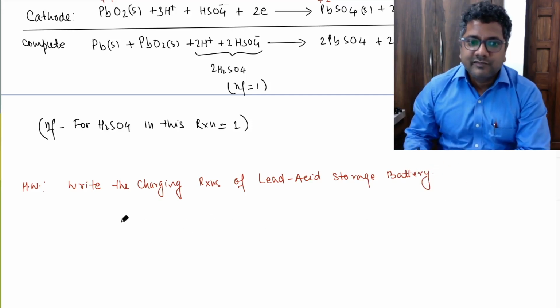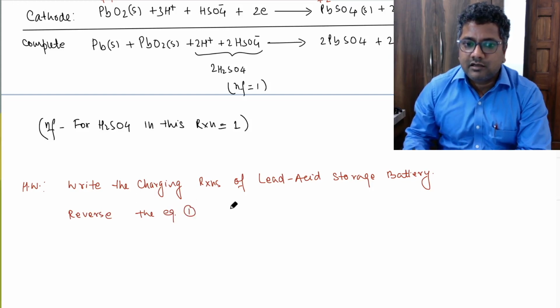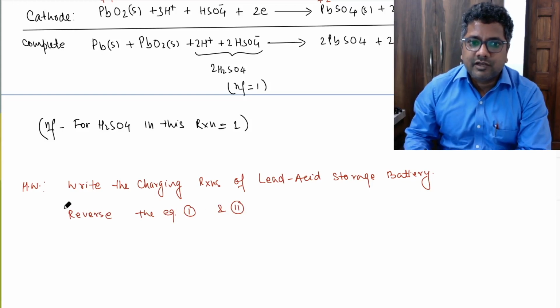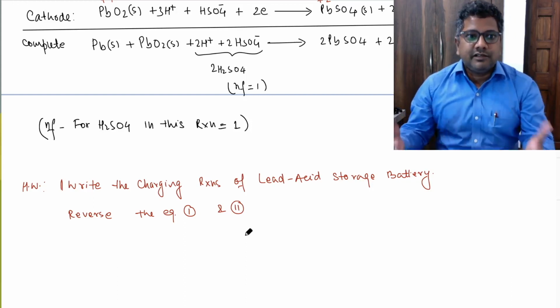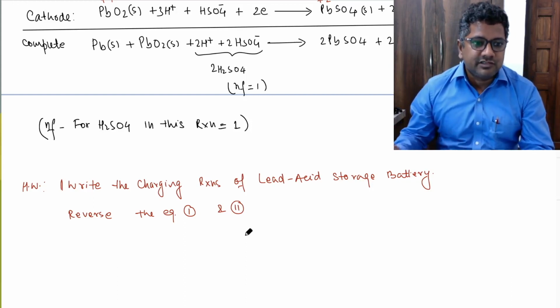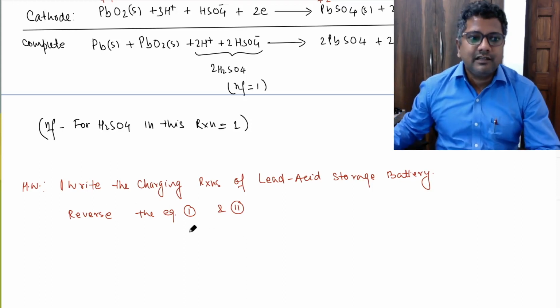How to get it: reverse equations 1 and 2, right? If you reverse equations 1 and 2, then you get the equation for charging of this lead acid storage battery, right?